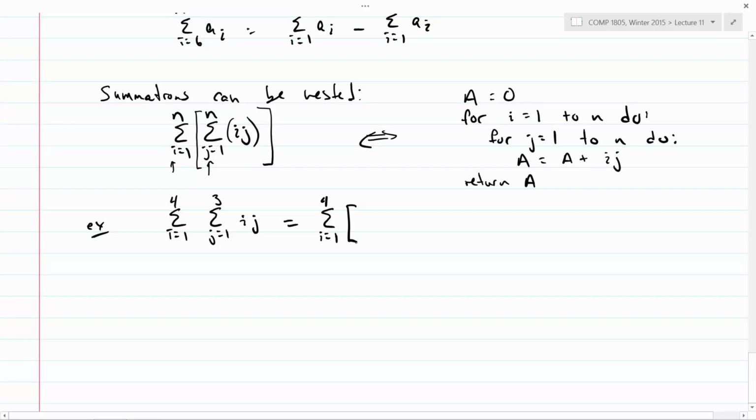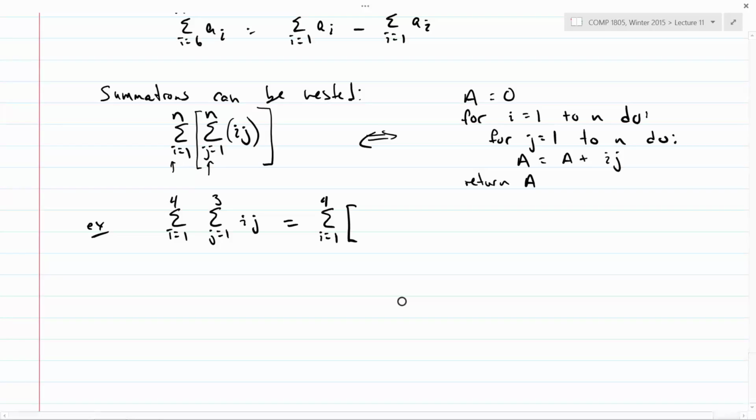And now we think, what does the inside sum evaluate to? Well, the inside sum goes from j equals 1 to 3. What's the first term of the inside sum? So completely ignore the fact that we have this outside sum for the time being. Pretend we just have the inside sum.